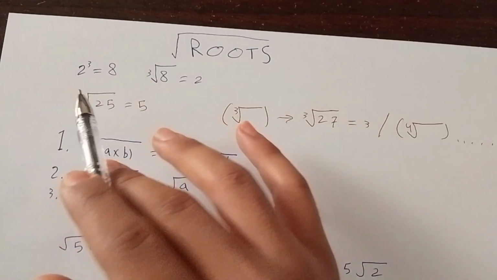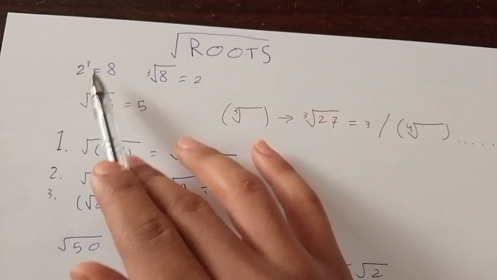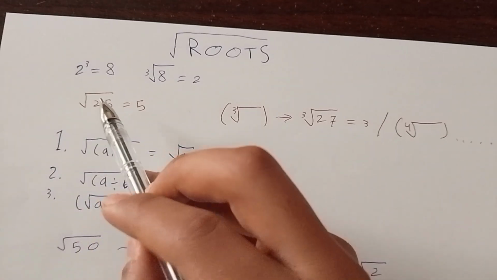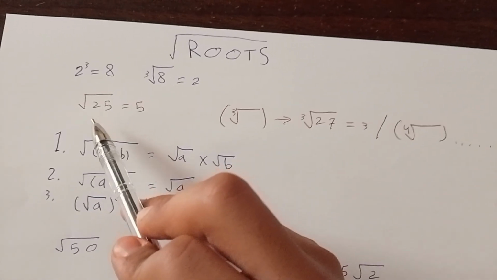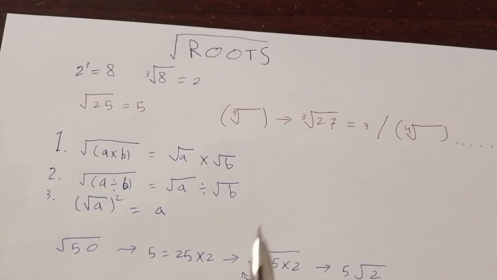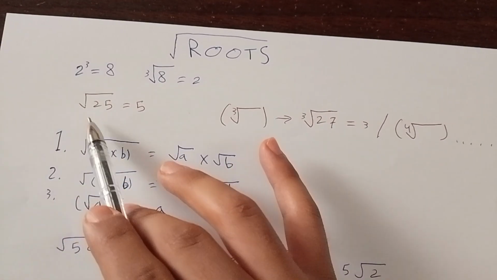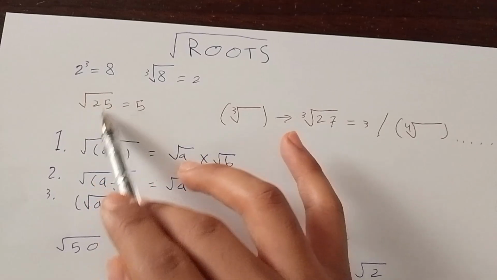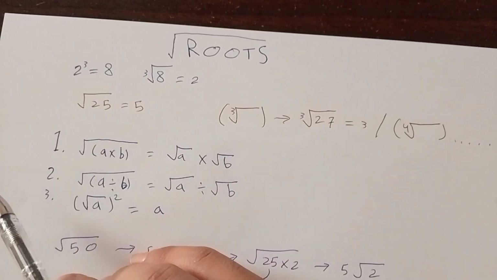So if you see how it works, the root is the opposite of powers and powers are the opposite of roots. The first and most common example of a root is the square root of 25, which is 5.